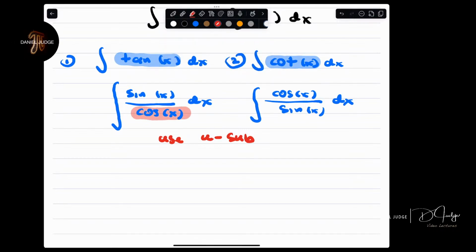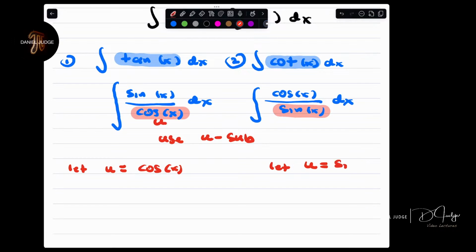So in the first case, our u will be cosine. So we're going to let u here be cosine. And in the second case, just to remark, u is going to be sine, but I'm going to go away from this one. For number 2, we'll focus on u sub separately now.